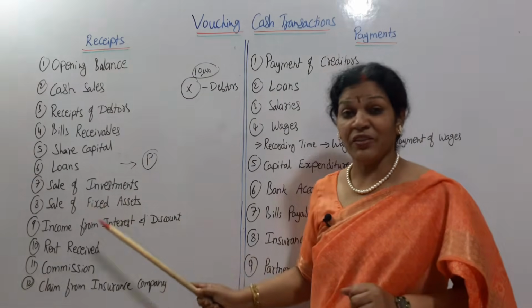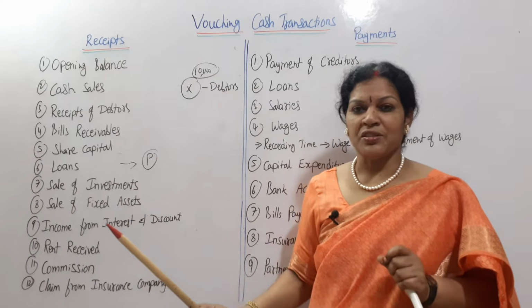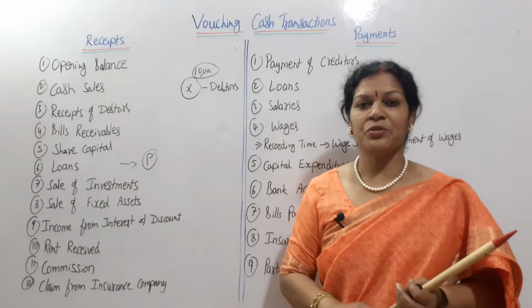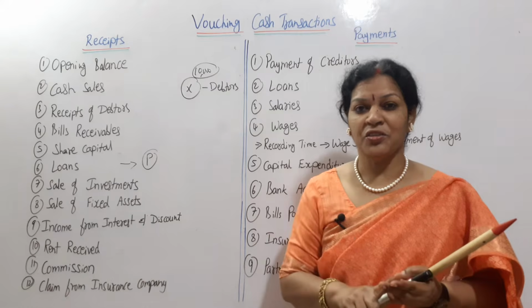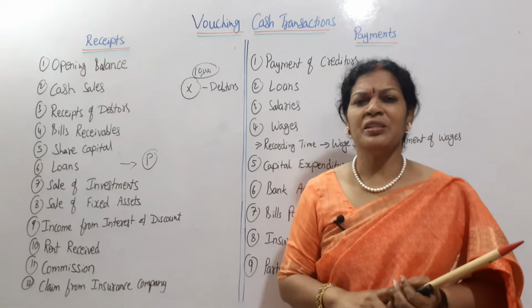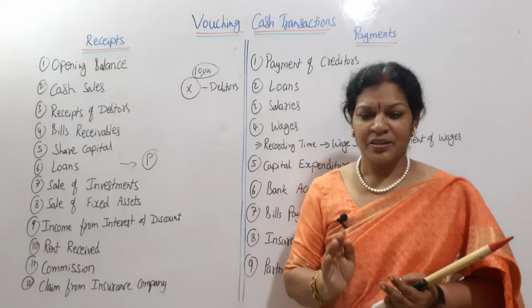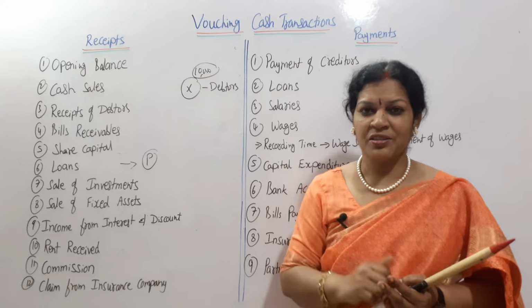In the same way, sale of fixed assets. To check this, first of all the auditor has to go for the authorization of selling of fixed assets. Who has the authority? Who can sell the assets? Second step, how many assets that authorized person is selling?